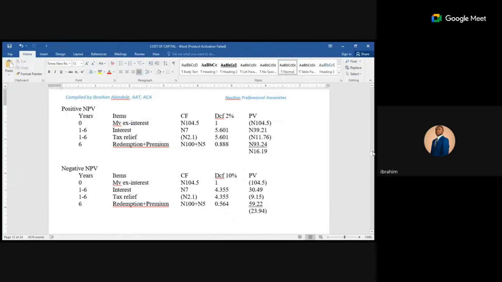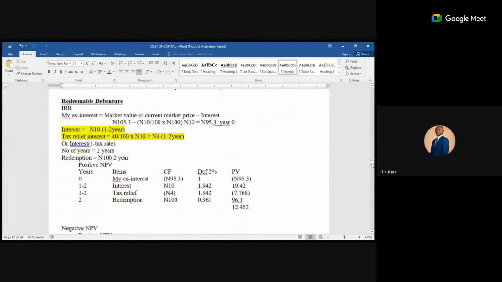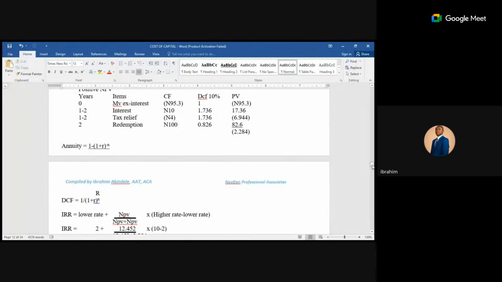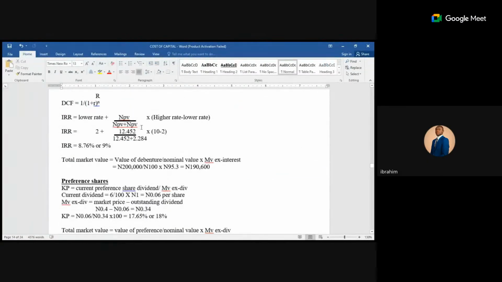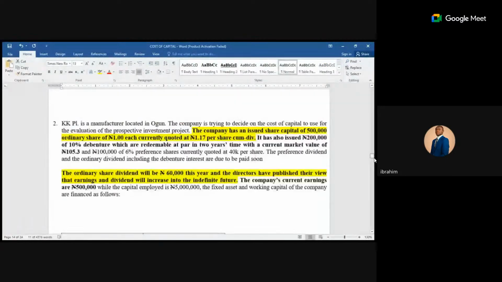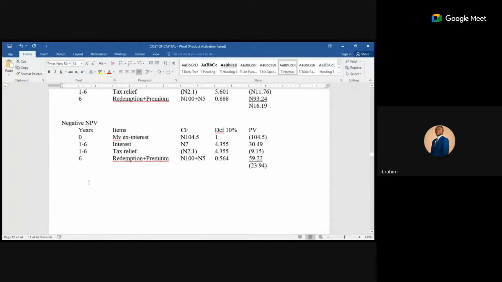All right, so I can come here and just copy my formula for calculating internal rate of return. The lower rate is 2.